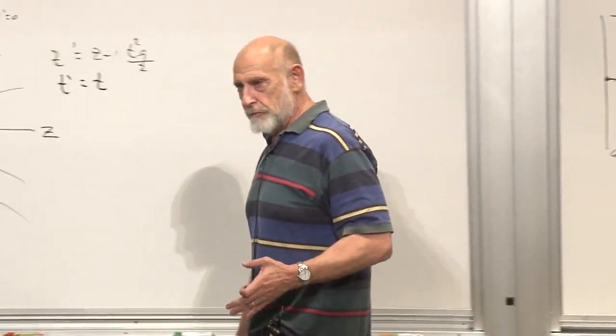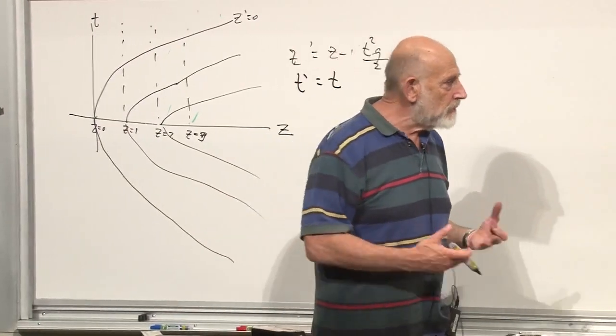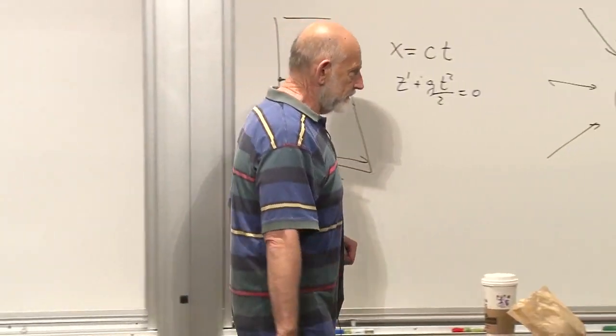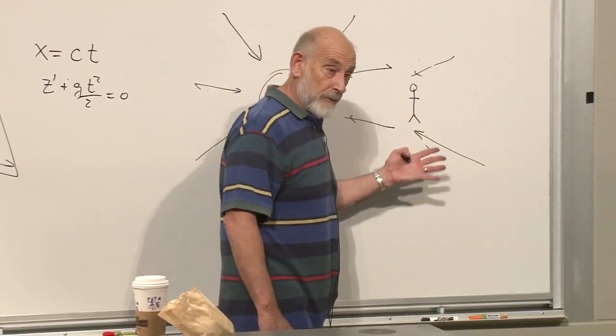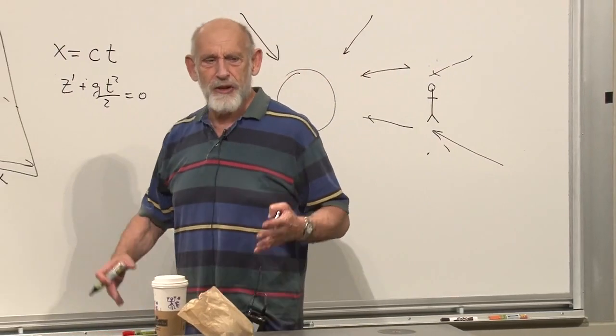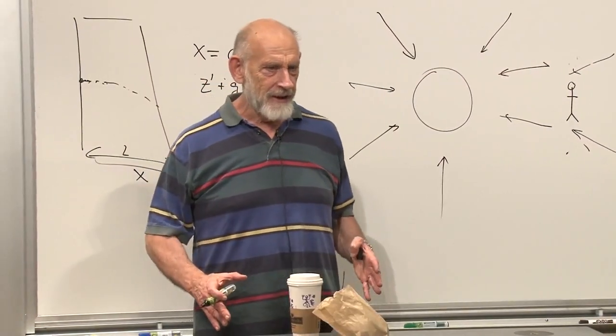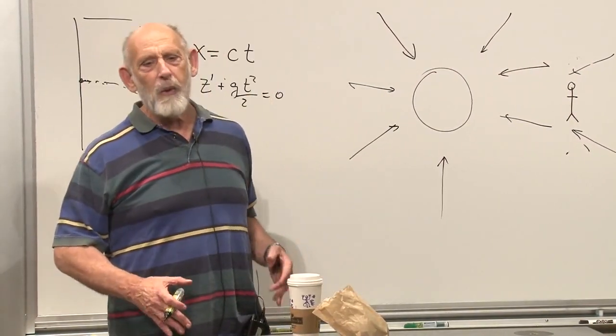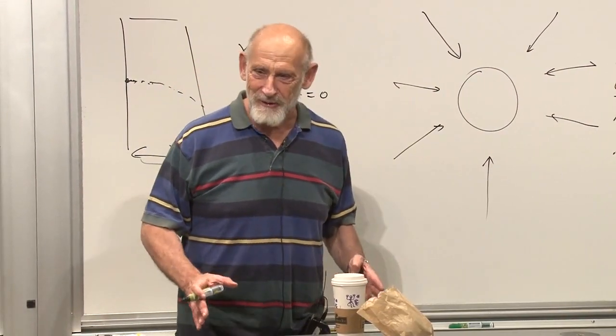And that sense of compression is, again, not something that you can remove by any coordinate transformation. It's an invariant fact. Being squashed to death is an invariant fact. It's not something you can make go away by doing a coordinate transformation.